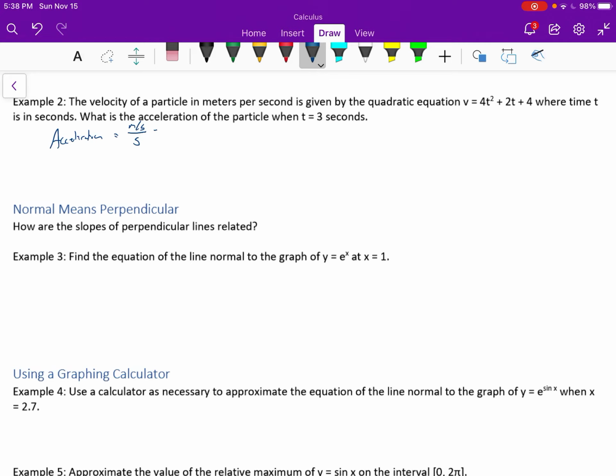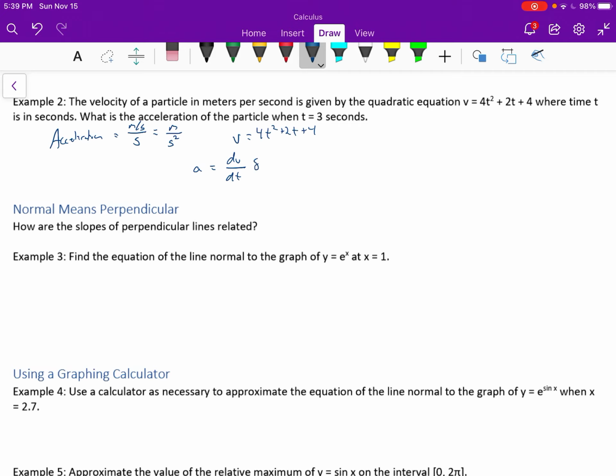Well, if we simplify this unit, this ends up being meters per second squared, which if we first looked at that, we wouldn't necessarily realize that that's acceleration, but it is: meters per second squared because it's meters per second per second. So if we take our velocity function and we find the derivative, that is going to give us our acceleration.